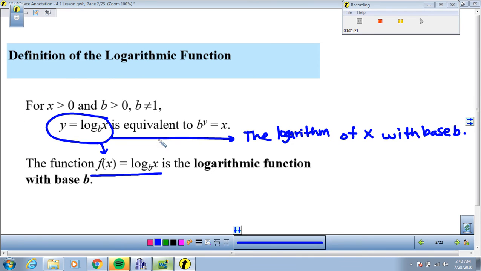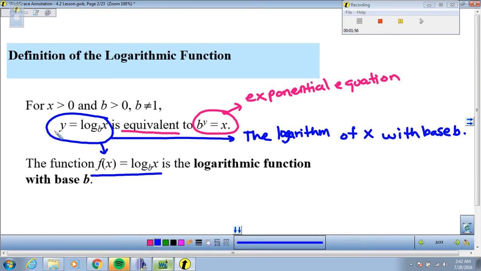Now, something that you must know is an equivalent way, or what's an equivalent? Something that is the same. Another way of rewriting this logarithmic equation as an exponential equation is this one that I circled here in pink. This is an exponential equation.